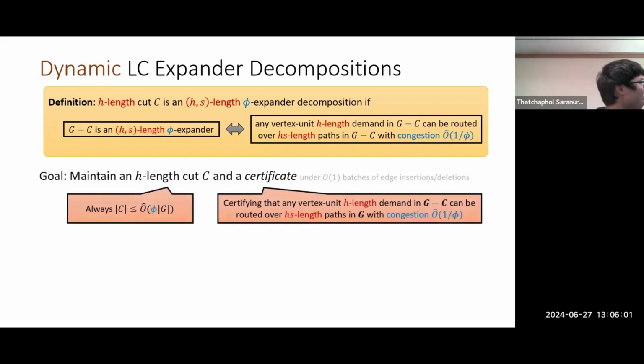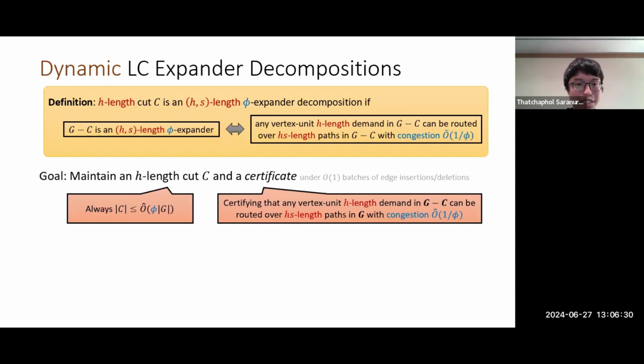And our goal is to maintain this H length cut C and a certificate. And it should have the following property. First, the size of the cut should always be roughly at most φ factor of the graph size. This is just like what the static expander decomposition algorithm guarantees.